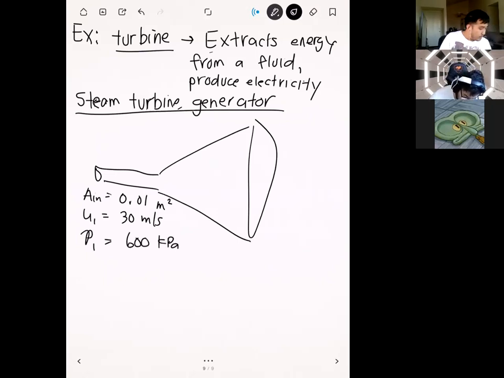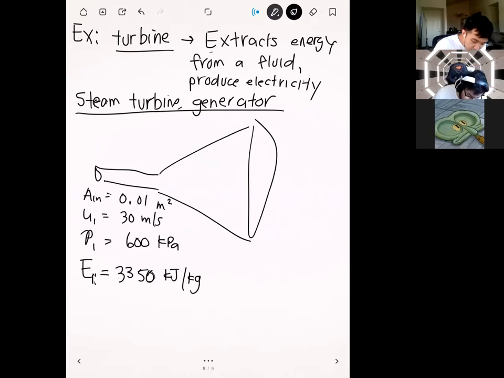And in this case, we do have an internal energy at the inlet. We can say that big E1 is going to be equal to 3350, and the units for this are kilojoules per kilogram. And so those are the conditions at the inlet.